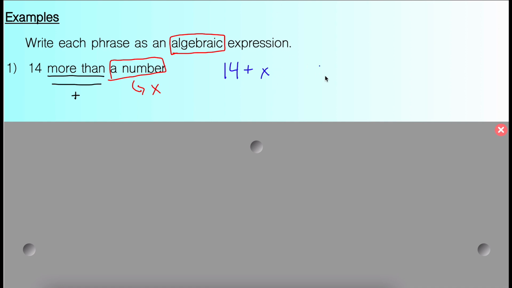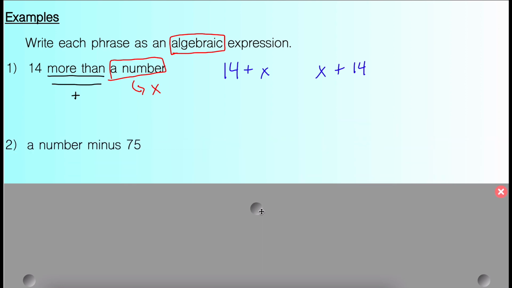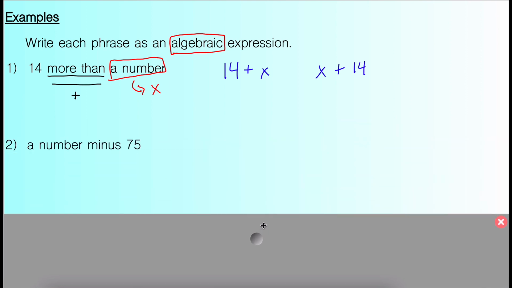Another way to write this would be x plus 14. When you are adding numbers, the order doesn't matter. So 14 plus x, x plus 14, either would be fine. Let's try another one. A number, so you choose the variable for a number, I'll use x, minus 75. Couldn't make this one any easier.